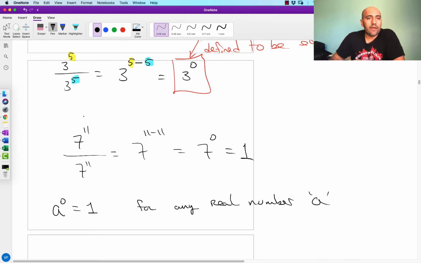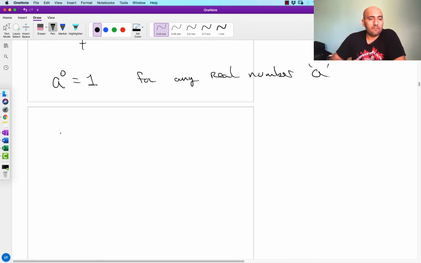Good. Okay, and while keeping in the same spirit of keeping that rule in mind, what if we had 3 to the power of 2 divided by 3 to the power of 5? That means if we expand the numerator, that would be a 3 and a 3 up there, divided by, in the denominator, we'll have 1, 2, 3, 4, 5 of them.